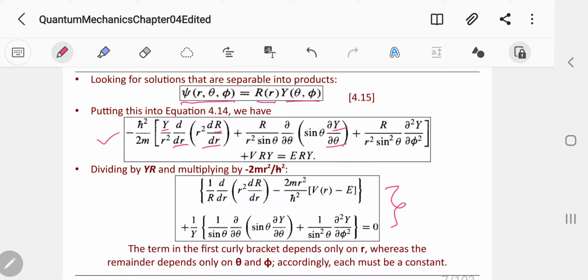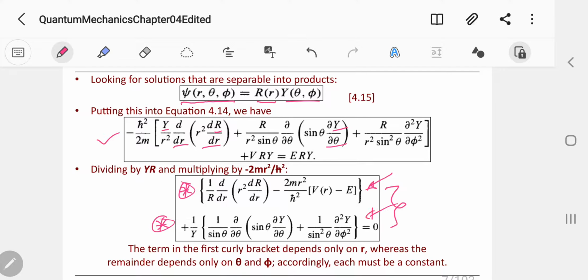So this is now the equation, and this first term is a function of r, and the second term is only a function of theta and phi. Looking at this, you have two terms with different arguments, angle and radial.